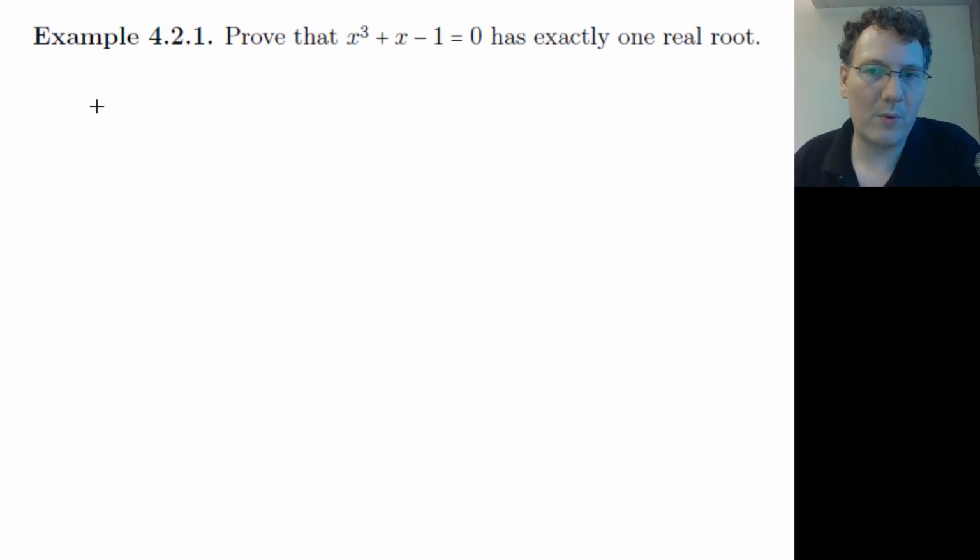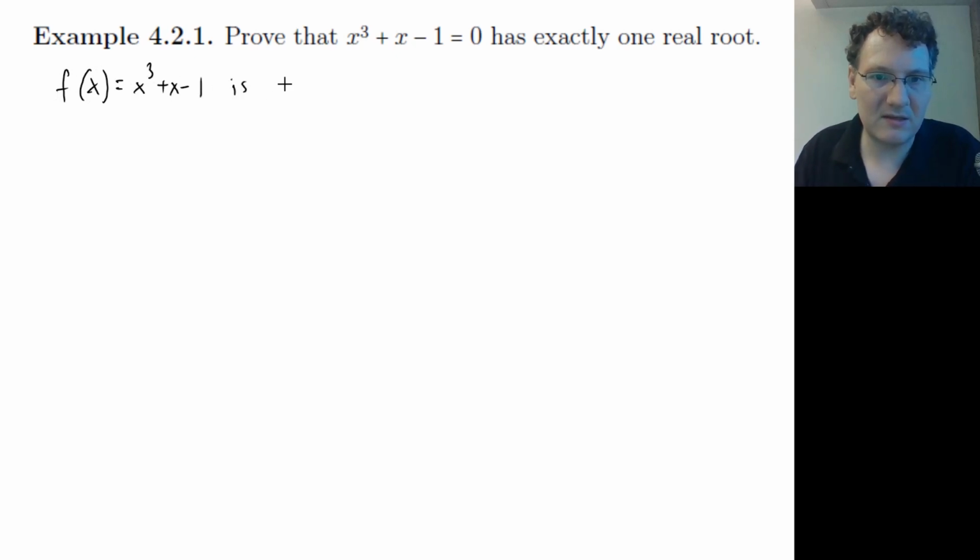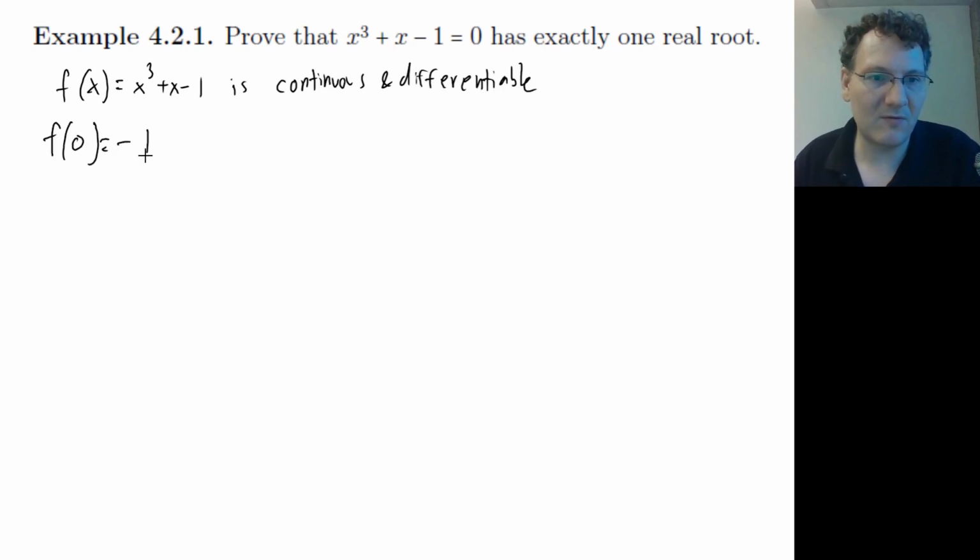So what we're going to say is, first off, we can use the intermediate value theorem. We know that f of x equals x to the third plus x minus 1 is continuous, and it's differentiable. Okay, so we know that f of 0 is negative 1, and f of 1 is equal to 1.